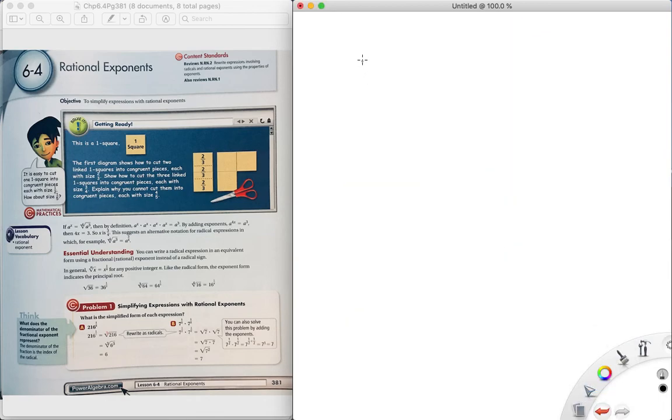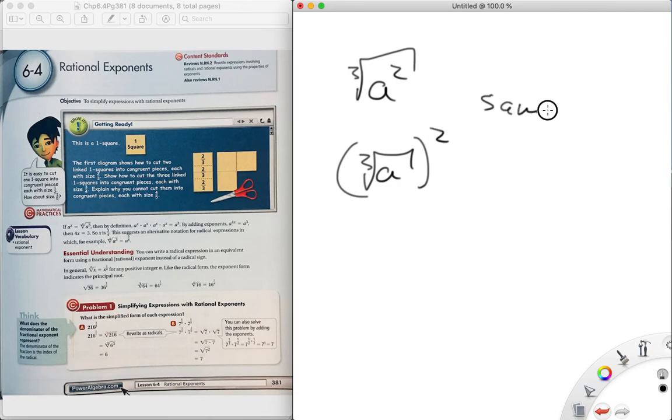There's 2 ways to write it in radical form. So we did, a squared cube root. We can do that. Or you can say a to the cube root and then say that it's being squared. These 2 guys are equivalent. They are the same expression. Okay, these guys are equivalent.